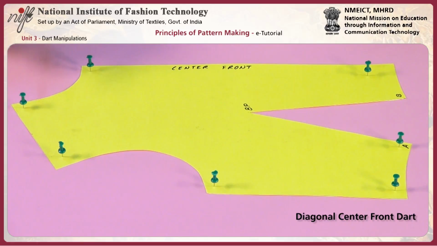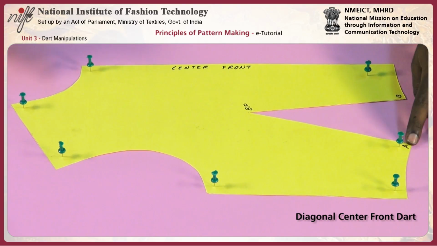Now you are going to learn how to make diagonal center front dart. For this you can use single waist dart sloper and mark A and B at the waistline darts.